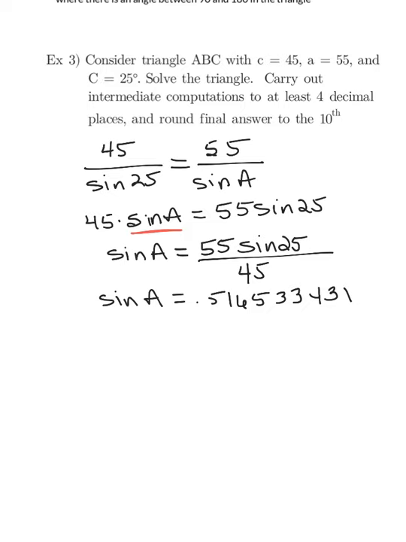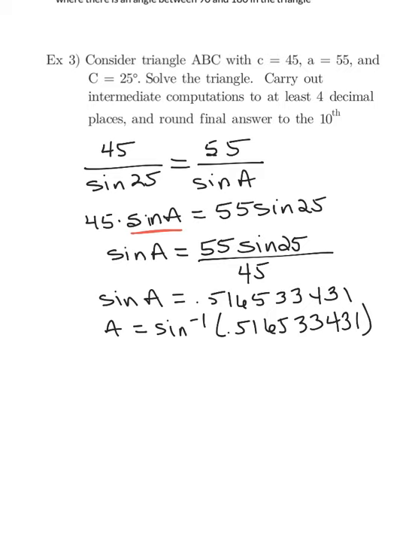So now we need to figure out what A equals. Well, that means we need to do an inverse. So A equals the sine inverse of this big long decimal that we just came up with. On your calculator, you have a key right above your sine function that has the sine to the -1 power in it.